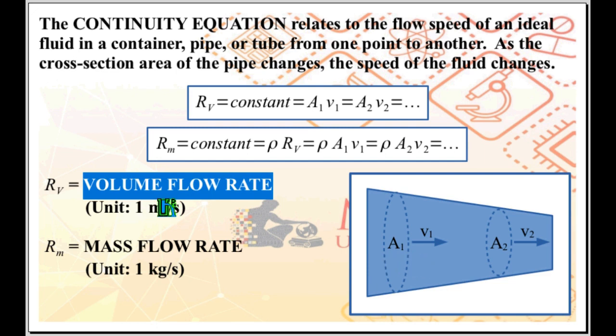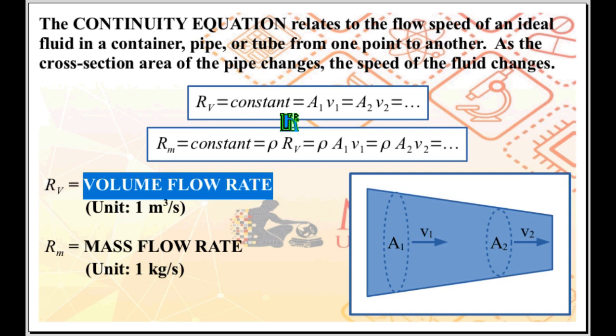You have the volume flow rate, R sub V. And R sub V is constant. Doesn't matter what location you look at. As long as you have an ideal fluid flowing through the container, R sub V is constant.